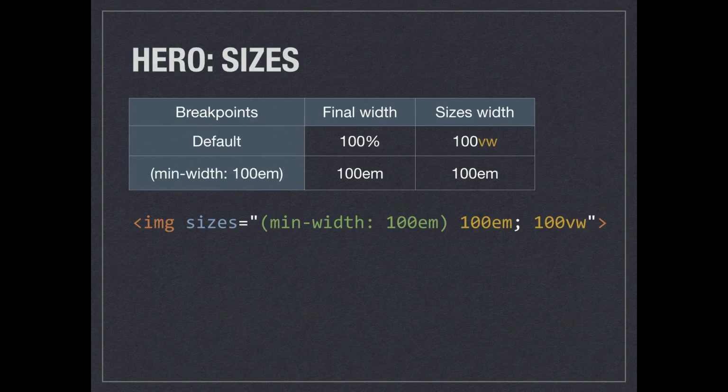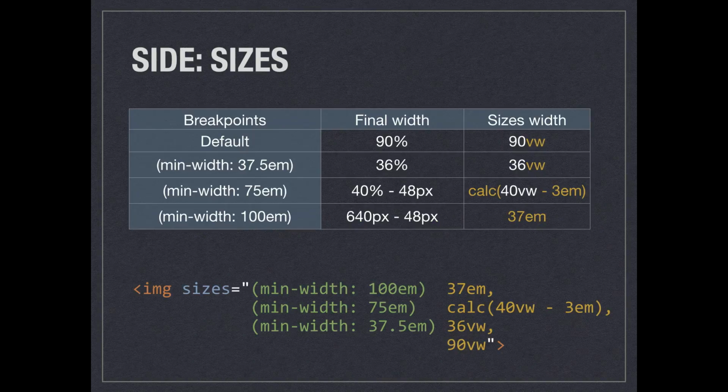At min-width 100em, it's 100em. So all we have to do is put that information from largest to smallest into a sizes attribute. And that semicolon should be a comma in between the 100em and 100vw. So I'll fix that before I post the slides. So there we go. We have the sizes information.